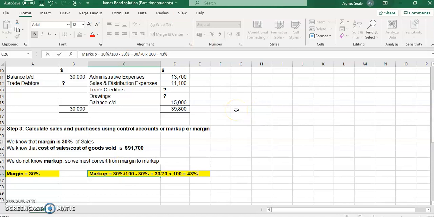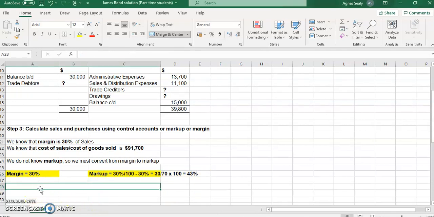I'm rounding it to 43%, and let's see if I need to use all of my decimal places to get exact figures. Now that we know our markup is 30 on 70, or 43%, we can calculate our gross profit.